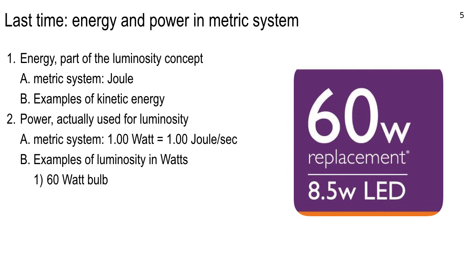And an LED light is considered very efficient. It's still not 100%, but it's way more efficient than an incandescent bulb. So it only takes 8.5 watts for an LED light bulb to produce 60 watts worth of light from an old-fashioned bulb. And the distinction here is the following.